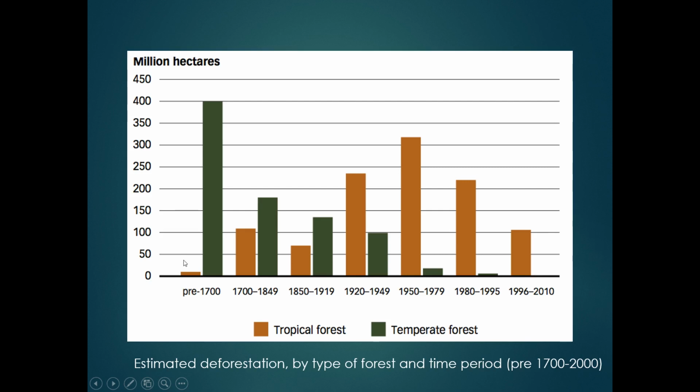Now, when you look at the tropical forests, a lot of those tropical areas were the last to be colonized. And so you don't start to see the destruction of rainforests really until the period from 1700 to 1850.